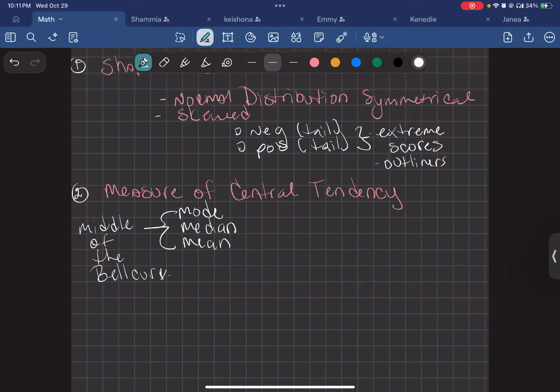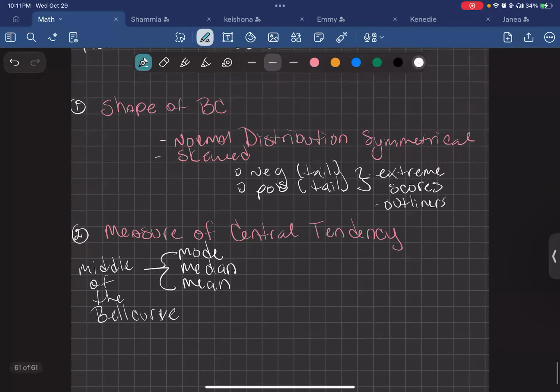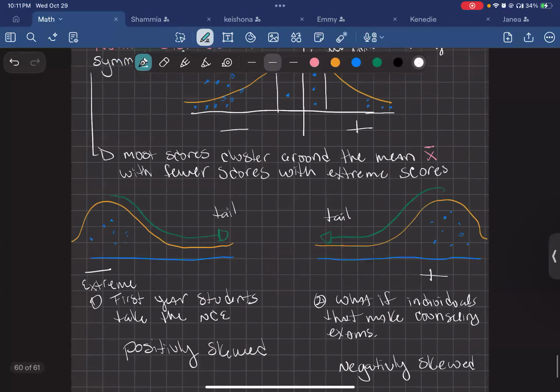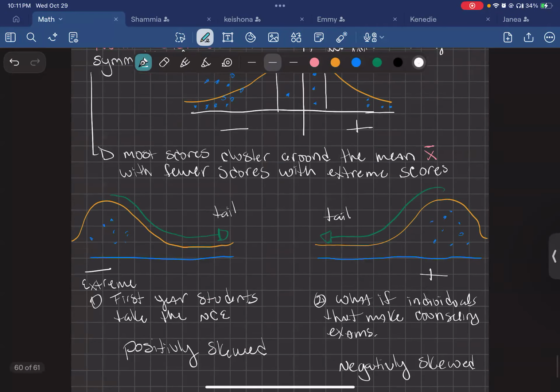Let me get this V together. All right, so this isn't a normal bell curve. In a normal bell curve, you would have the mode, mean, and median in the middle. But if it's skewed, then, going back to what we talked about before, it's pushed all the way over here.